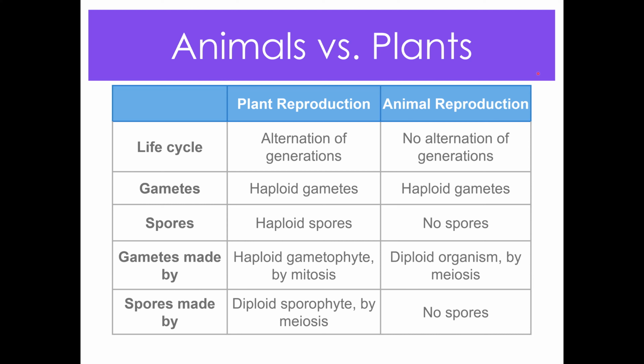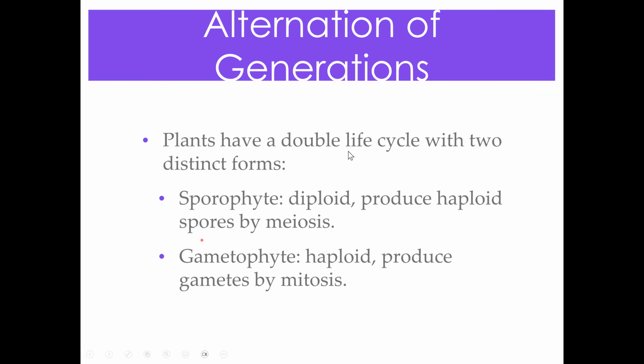And then spores, again, animals don't have spores. Spores are made by the diploid sporophyte, which also happens by meiosis. And I know a bunch of fancy words out there, always Googleable.